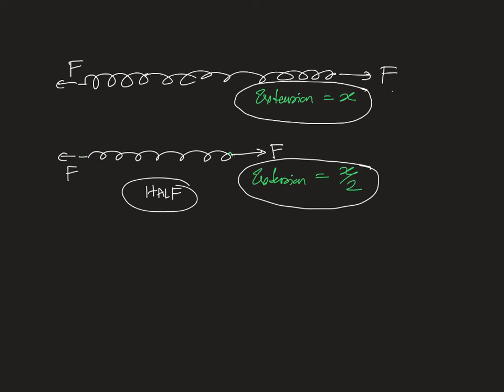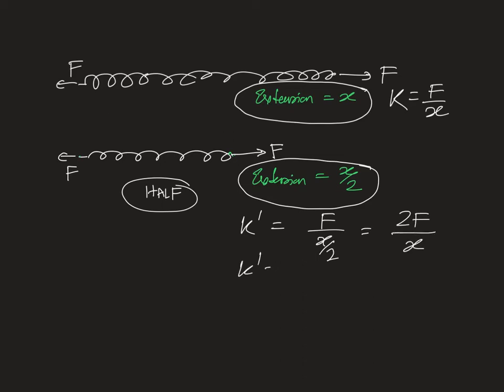So what is the force constant? K is F by X, and for this, K dash is equal to F by X by 2, so that is 2F by X. So this K dash becomes equal to 2K.